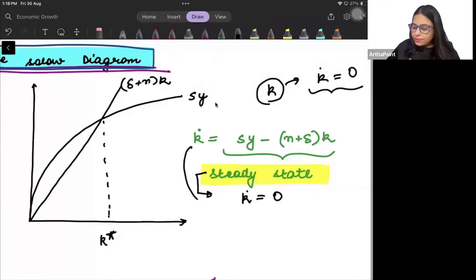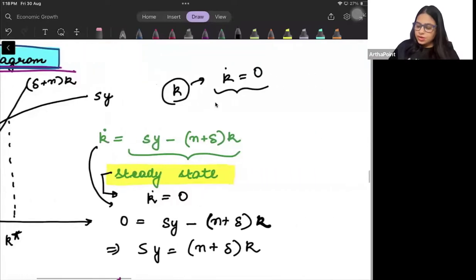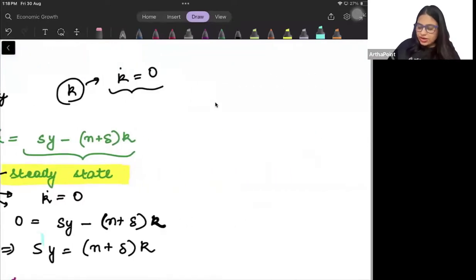So if I plug this as 0, I will get 0 is equal to sy minus (n plus delta)k. And from here I will get sy is equal to (n plus delta)k. Okay. Now just try to understand this part, the left hand side.